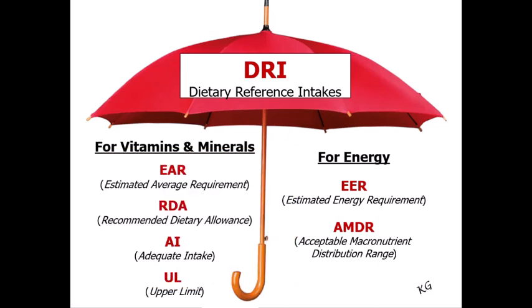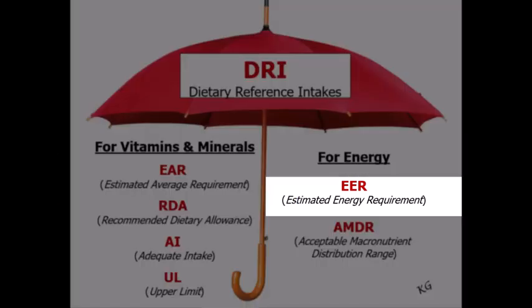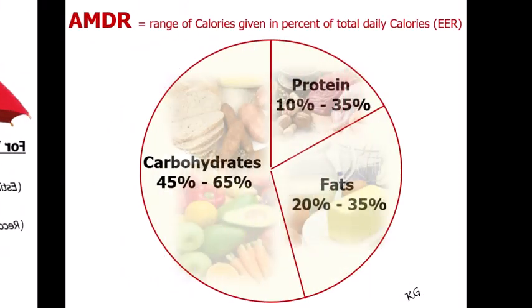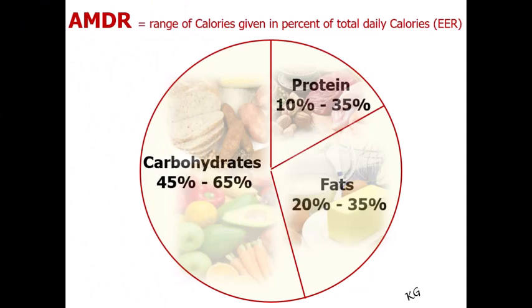In a separate video, we will look at how to estimate the number of calories you need. That value is called the Estimated Energy Requirement, or EER. For the general population, most calories should come from complex carbohydrates, followed by healthy fats, and then proteins.